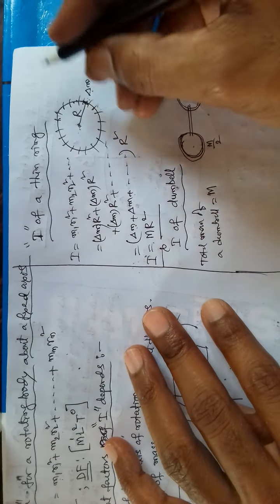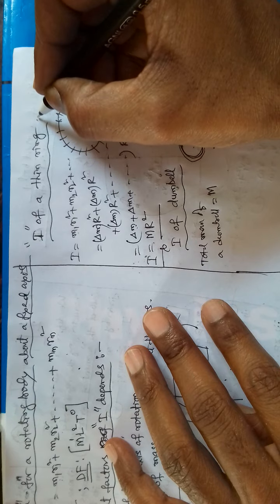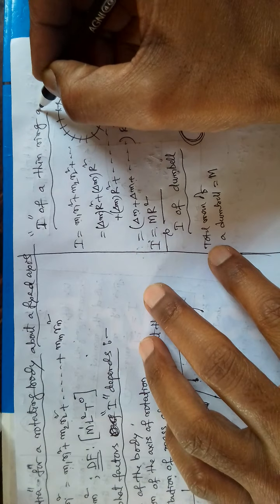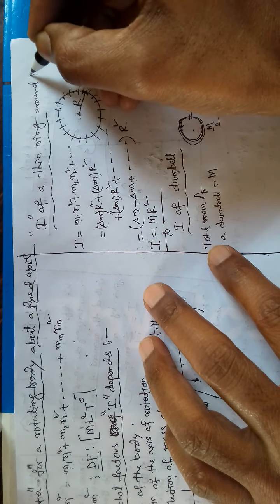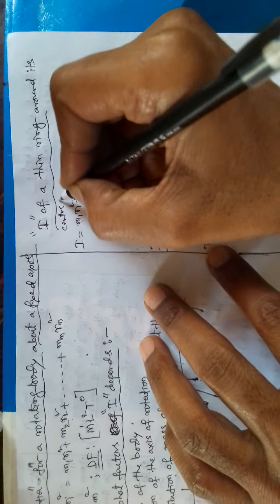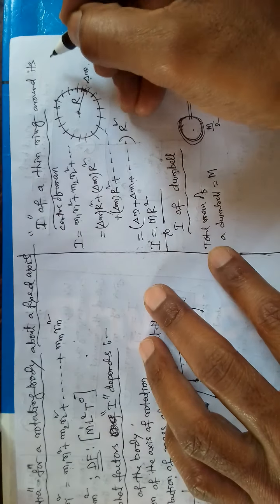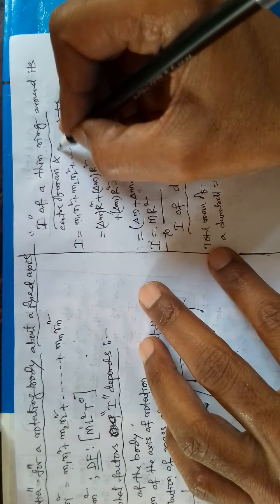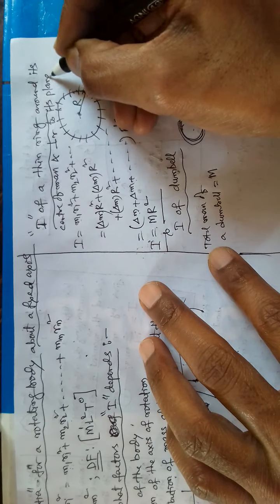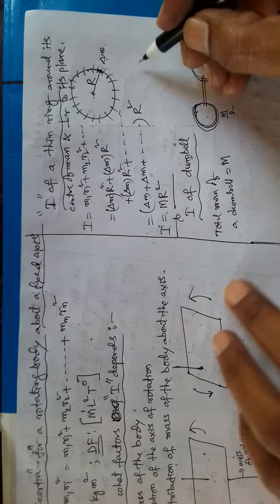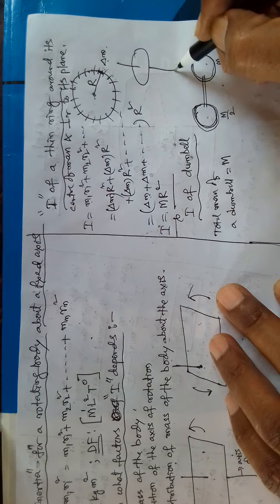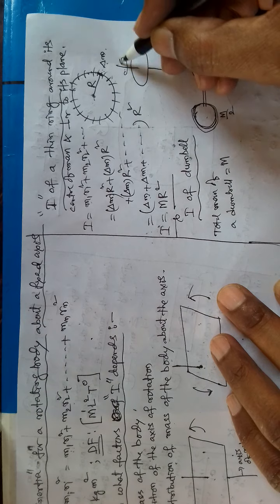I of a thin ring around its center of mass and perpendicular to its plane. Here, the axis of rotation is like this.